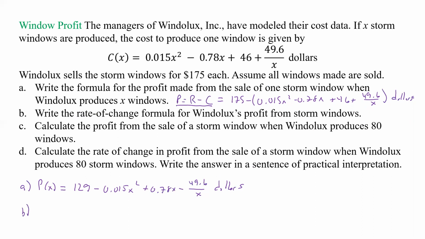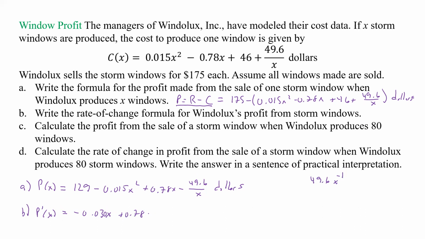Okay, so that way when we do part B, the rate of change formula, we have to actually take the derivative of this. So when we take the derivative of that, P prime of X is equal to what? Well, that's gone. Now we have 2 times that, so it's going to be a minus 0.03x. And then that 1 comes down, so it's going to be plus 0.78. Now this one, remember, that's really 49.6 times x to the negative 1.